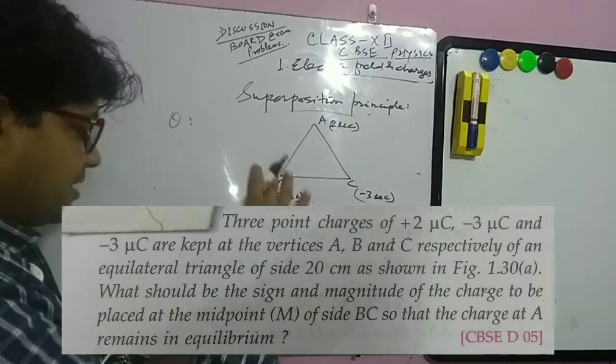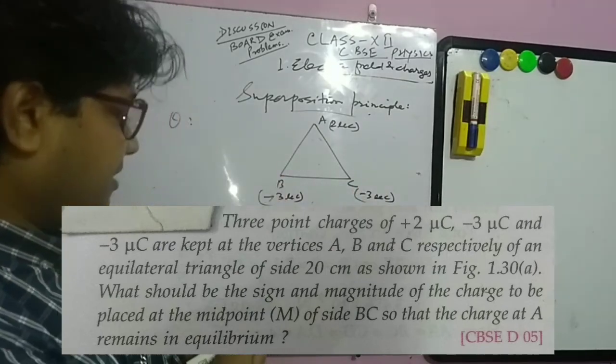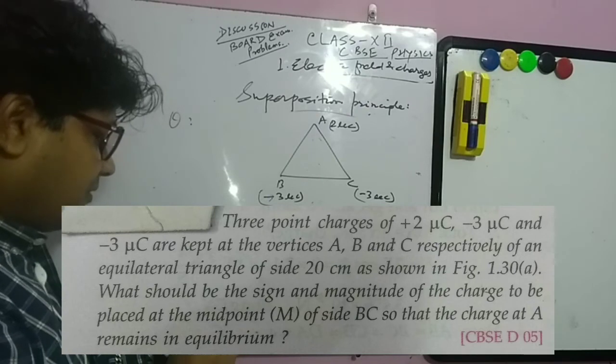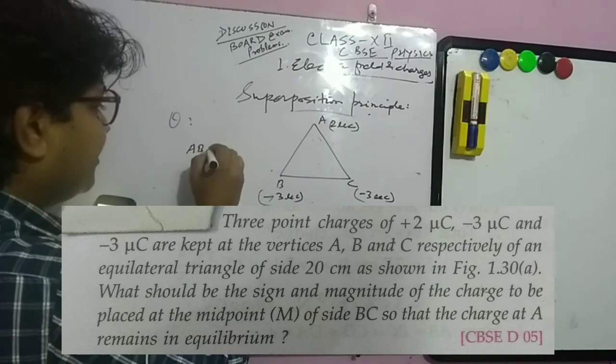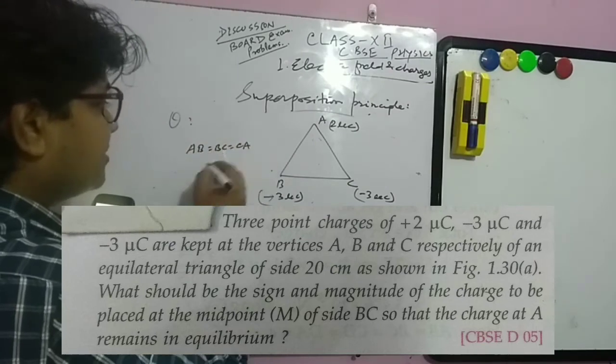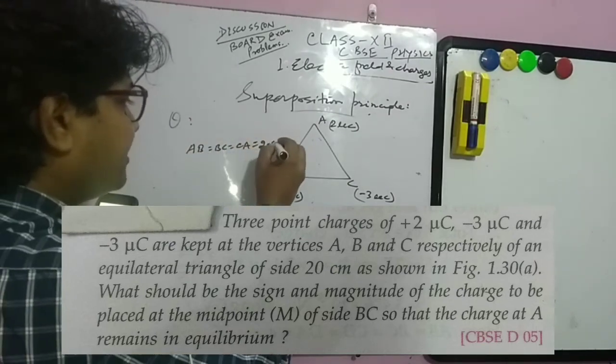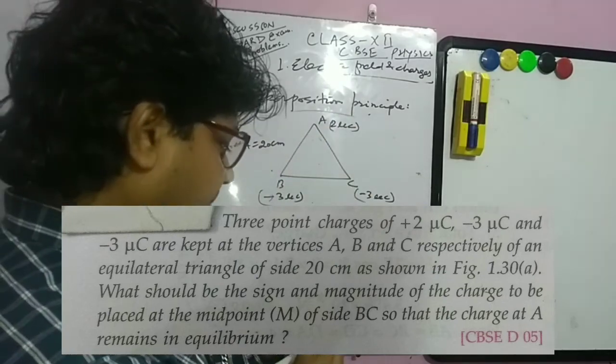These three charges are present at A, B, C of an equilateral triangle of length. AB is equal to BC is equal to CA, and this is equal to 20 centimeter. We have been given.